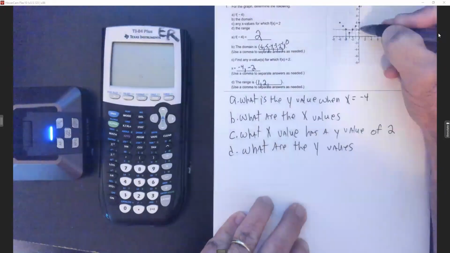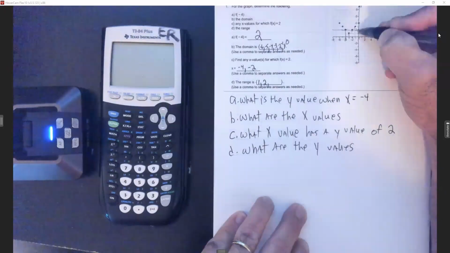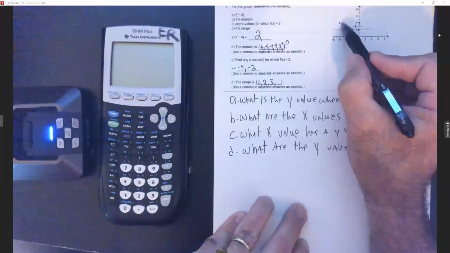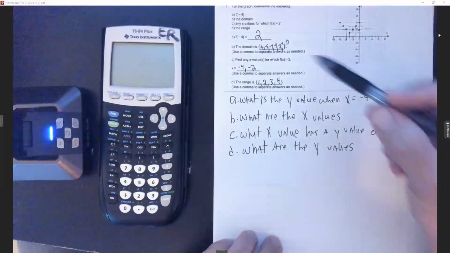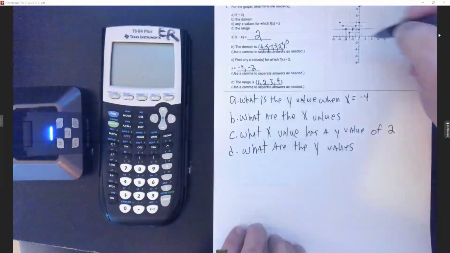Although there was 2 points, I just need to write the 2 once. These 2 points have a y value of 3. And y'all, finally, these 2 points had a y value of 4. So the trick on this one is just figuring out what they were asking for on it, okay? And that was it. Just go through, put your numbers down and be done on that. And they don't have to graph it because they done had it graphed for us.